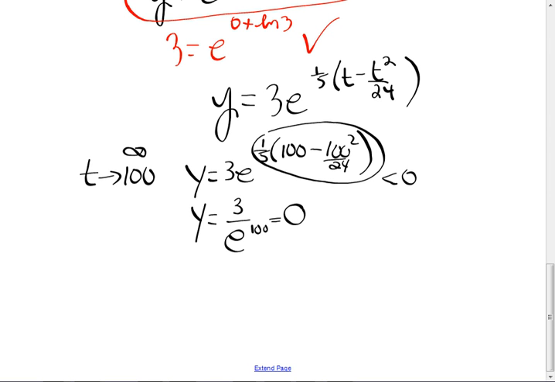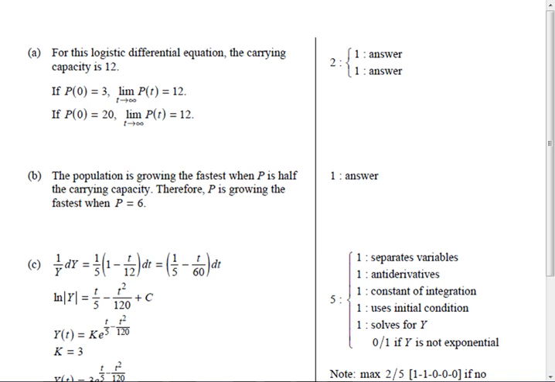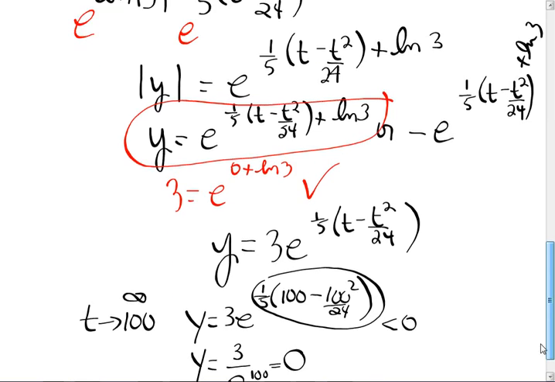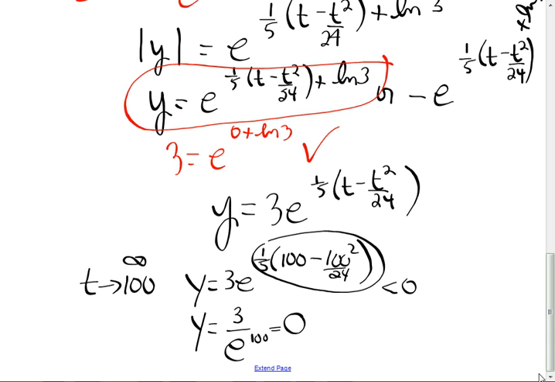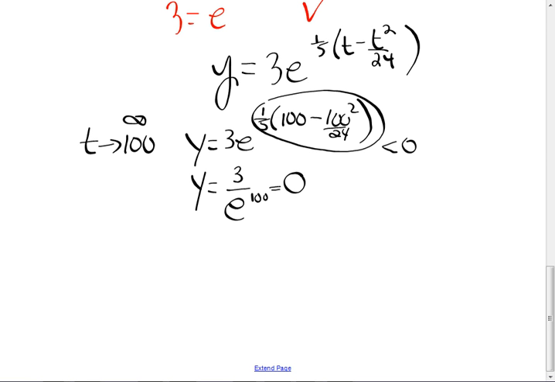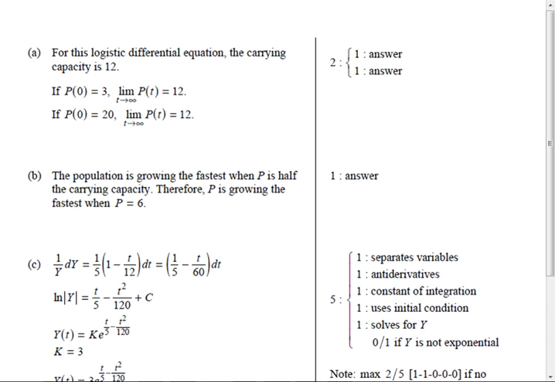Should we check our points? Question. Let's check points. So we got 1 point for the 2 limits and 1 point for B. But I've seen other ones where you had to do the work. So I don't know.